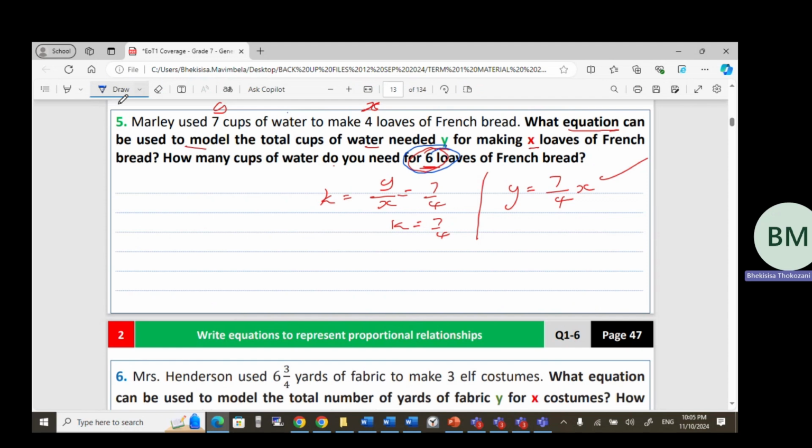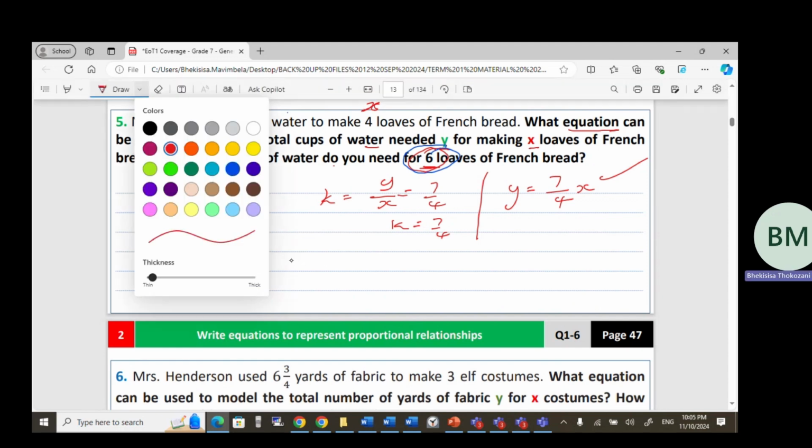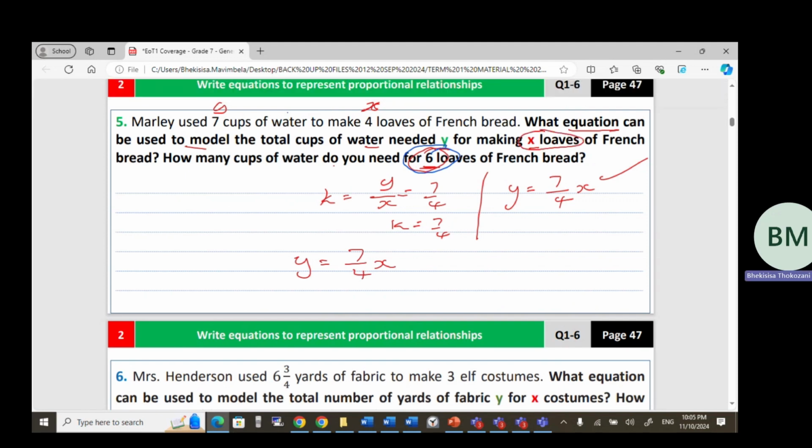I will now say my equation, which is y equal to 7 over 4x. Remember that loaves represents x. So again, I'm seeing loaves here. So meaning that these loaves, they are my x.